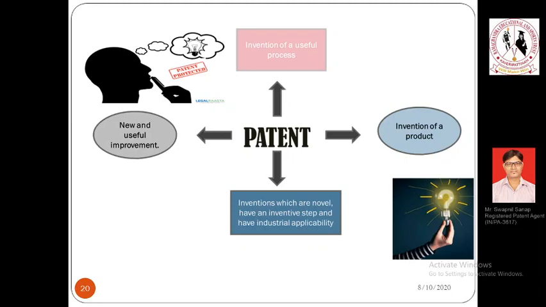Inventions which are novel, having inventive step and industrial applicability, right? COVID vaccine. Any particular company which comes up with a vaccine for COVID or corona, they are considered inventions because these vaccines are not only new, they have a problem solution approach. They solve some problem, they provide a solution, and obviously it was not obvious to a person skilled in the art because till date there was no vaccine available for COVID.